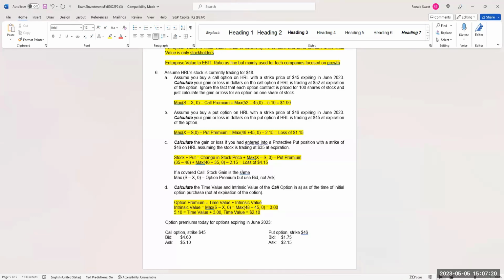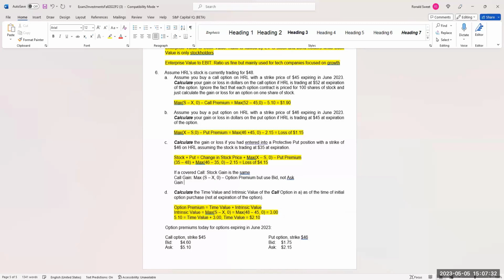And so that's going to be the call gain. But remember that the covered call, you are selling the call. So here that means the gain on the covered call is going to equal the change in stock price, and then minus the gain on the call option.